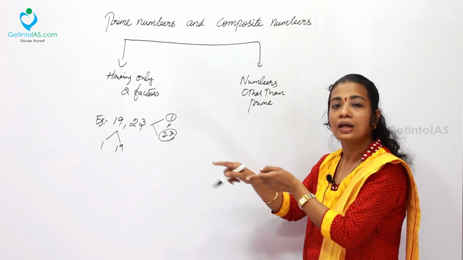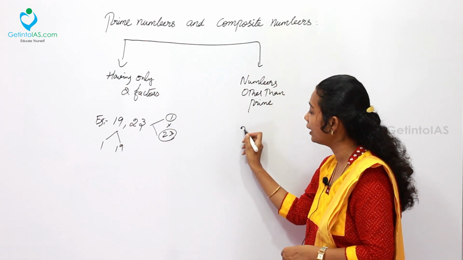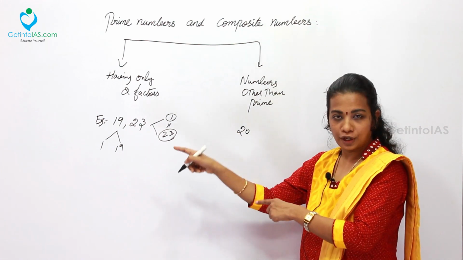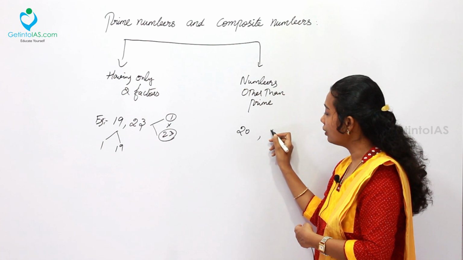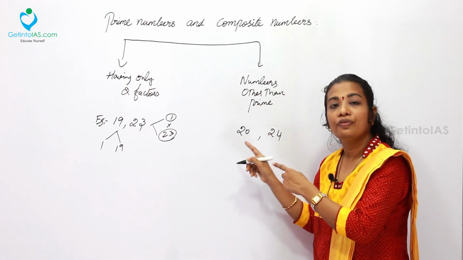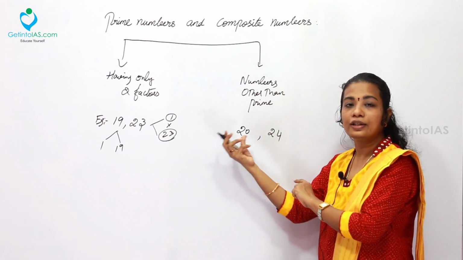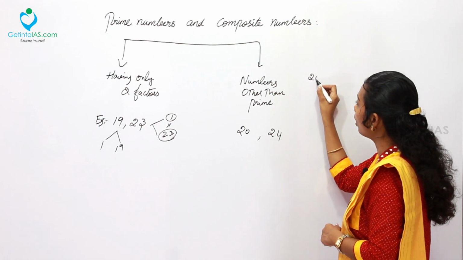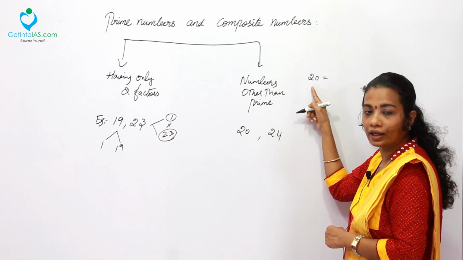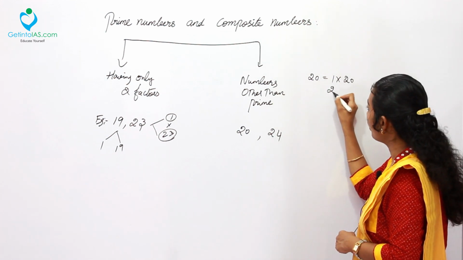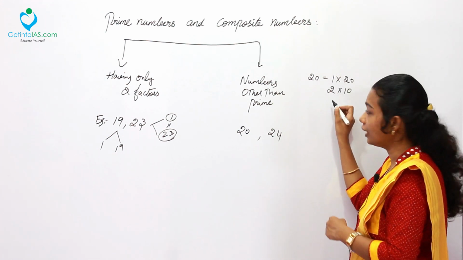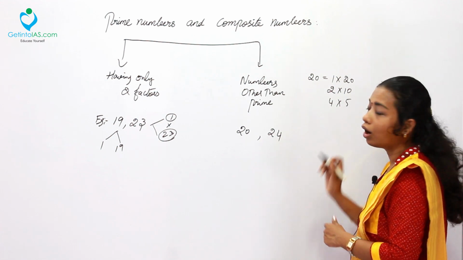So what are the numbers other than prime numbers? Let's take 20, which is not a prime number. So we can say 20 is a composite number. Another one, 24. Let's factorize these two to reveal the concept. First, what are the factors of 20? 1 into 20 is 20. 2 into 10 is also 20. 4 into 5 is also 20.